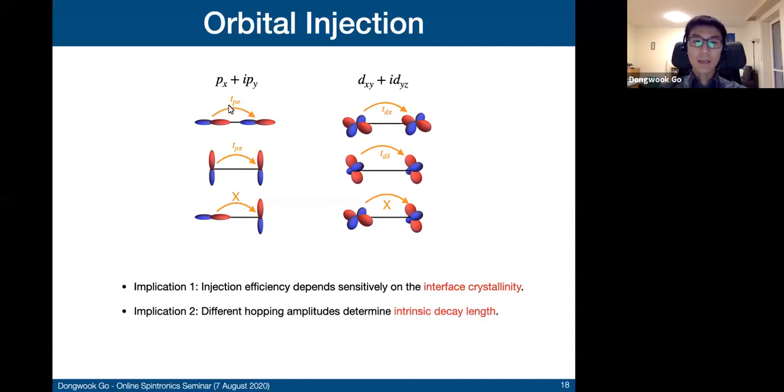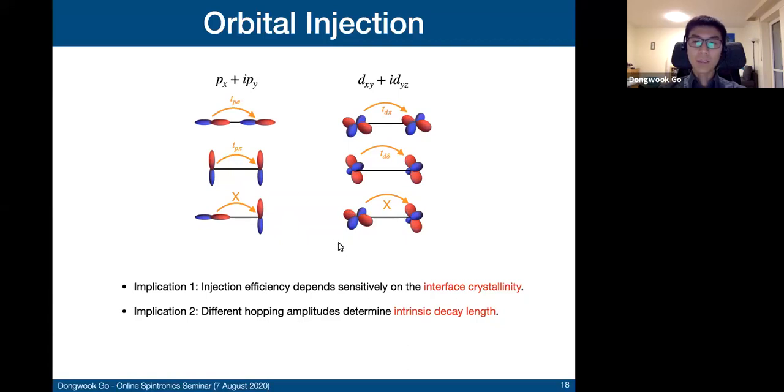Secondly, we notice that the hopping amplitudes for px and py differ. Also, the pi hopping and the delta hopping differ. The difference of the hopping amplitude implies that there must be an intrinsic decay length of the orbital, because the ratio started from 1 to 1, but the ratio could actually be different as time goes on with hoppings.